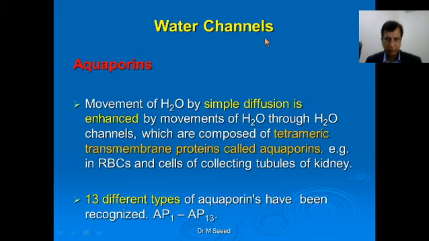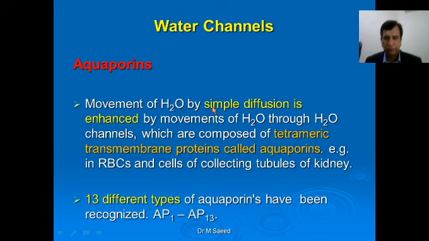Water channels are called aquaporins. Aqua means water. Porins, pores or channels. Aquaporins are specific for the movement of water.